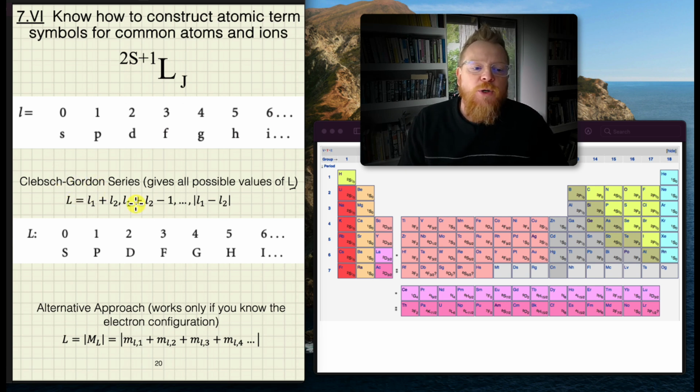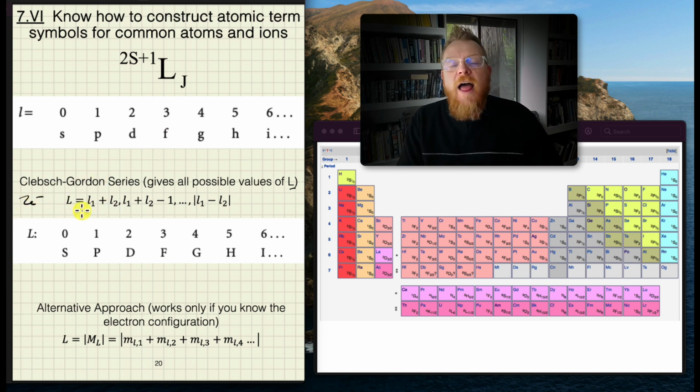The Clebsch-Gordan series says that we sum up all of the individual l values of our electrons. For example, if we have 2 electrons, my total L would be little l1 plus little l2, then l1 plus l2 minus 1, all the way down to the absolute value of their difference.